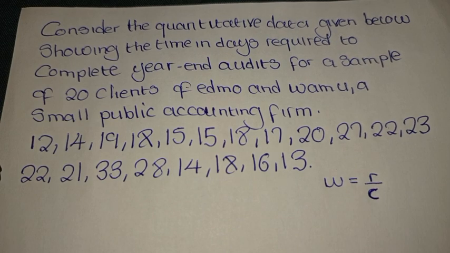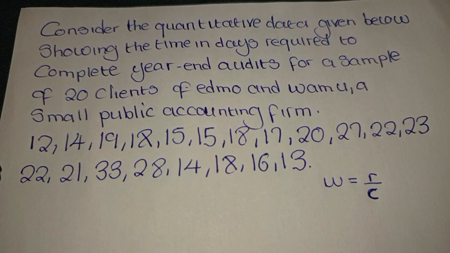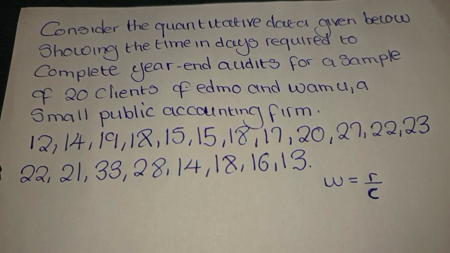W stands for class width, R stands for the range, and C is the number of classes that you want. The smallest number of classes we always give is 5, unless you check from the data you have been given otherwise. To calculate this, you first need to rearrange the data in order to identify your range.